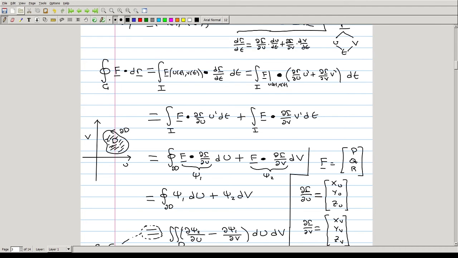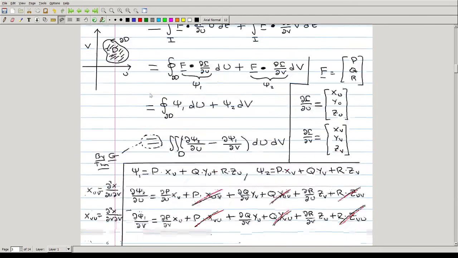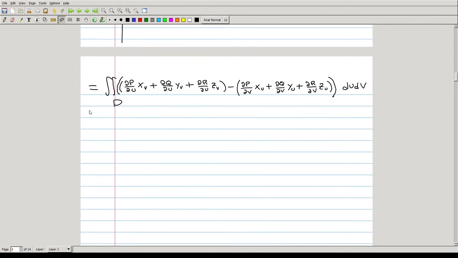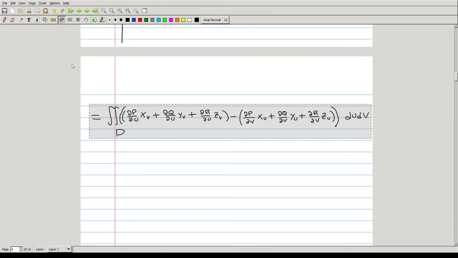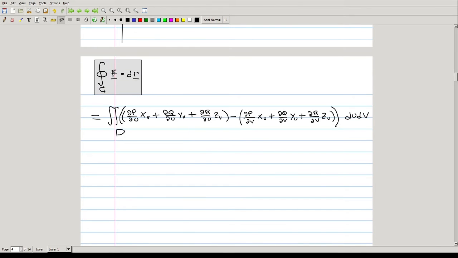We've essentially been able to reduce the circulation integral by the clever use of Green's theorem down to this double integral right here over the region D in our parameter space, parameterizing our curve. So this is what we've shown so far.